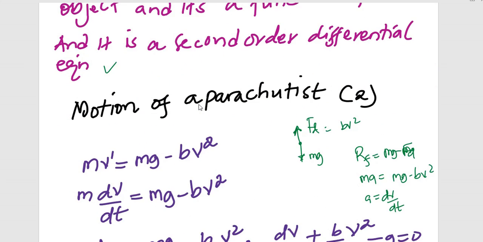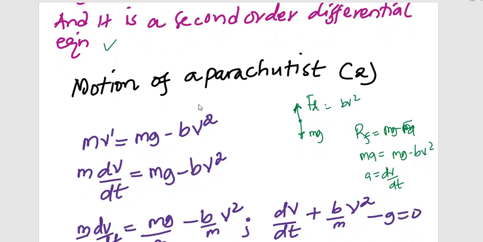Scenario number 2 is the motion of a parachutist. If we look at a parachutist, the equation defining his motion is mv prime equals mg minus bv squared. This comes from considering the total weight, a force due to weight acting vertically downwards, and also the drag force trying to oppose his motion.